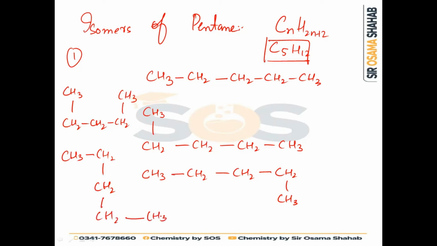All the structures are the same because they are in one go. You do not need to lift your finger when you go from the first carbon to the last carbon, so they are all linear structures.